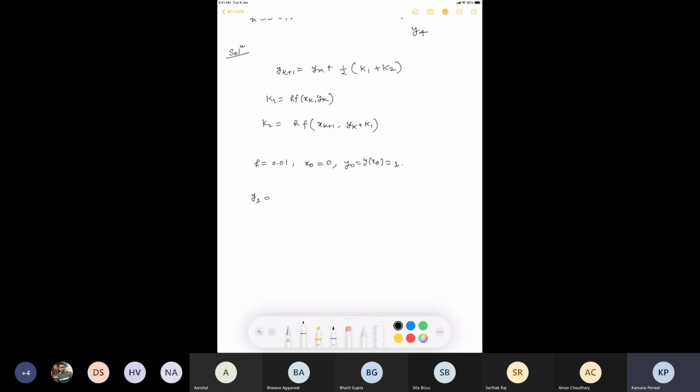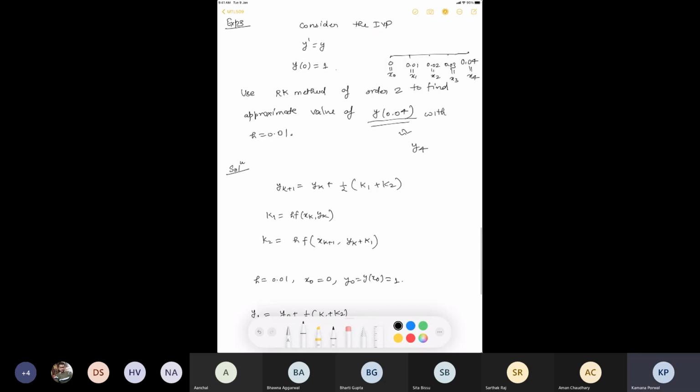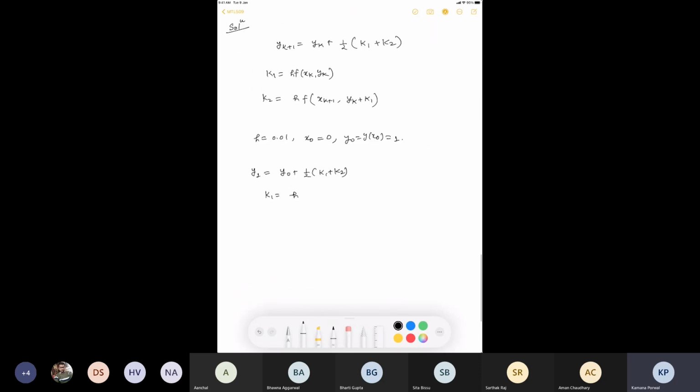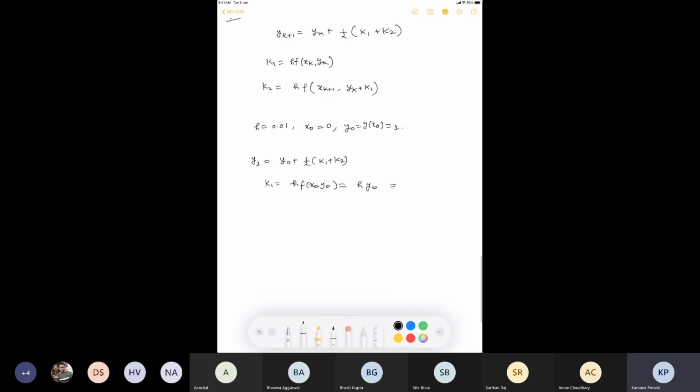So y1 is going to be y0 plus 1 by 2 of k1 plus k2, with k1 as h times f. So fxy is simply y here. We get k1 is h times f evaluated at x0, y0, which is simply h times y0, and y0 is 1, so this is simply 0.01.